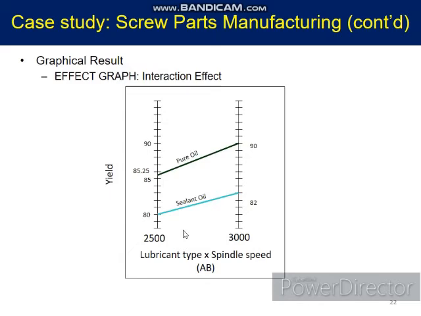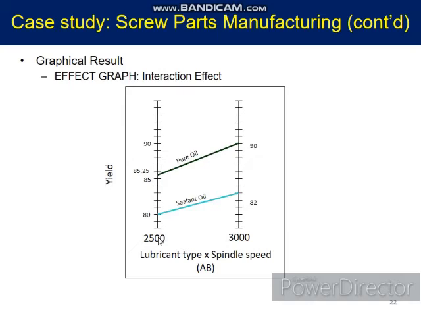The other factor sits on the different legend or different line. In this case, you want to look at the first line here, the blue line, which represents the change of the spindle speed from 2500 to 3000 on the sealant oil.